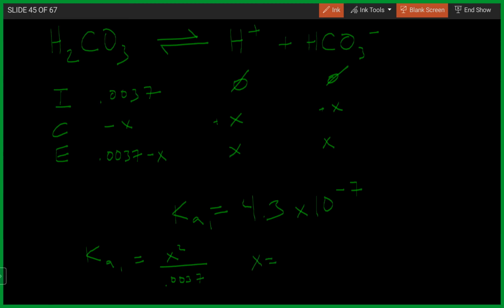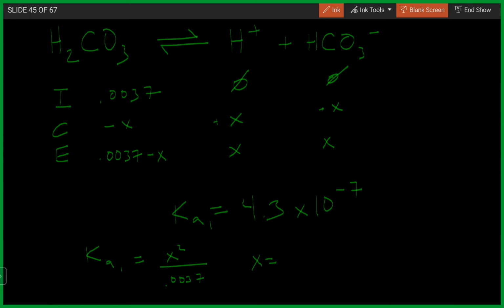And when we go through and plug that in, Ka1 would just have to be given to you in the question, so it wasn't actually provided on the previous slide. That's 4.3 times 10 to the negative 7th, the acid dissociation constant for this initial dissociation.